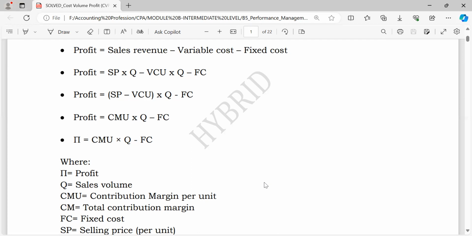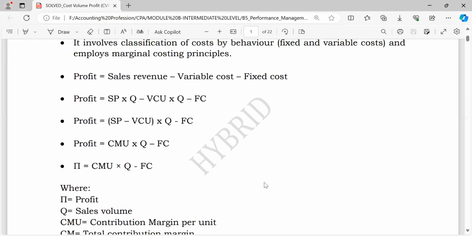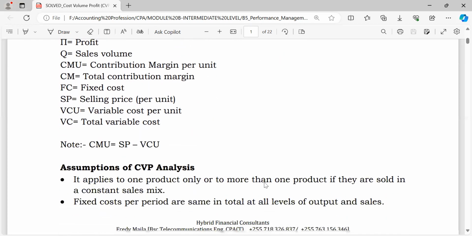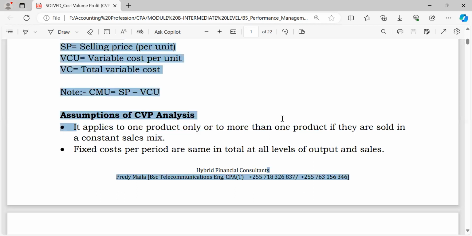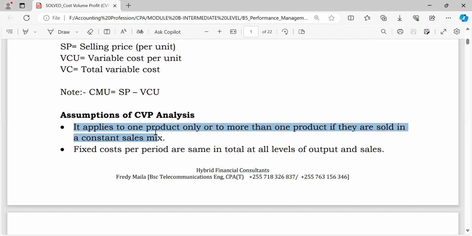Okay, so there are some questions to ask ourselves, and that's why after here we have to study the assumptions of CVP analysis. It doesn't just come. There are some assumptions attached, right? First of all, it applies to one product only, or to more than one product if they are sold in a constant sales mix. So at its very basic, CVP analysis assumes that the company deals with just one product.